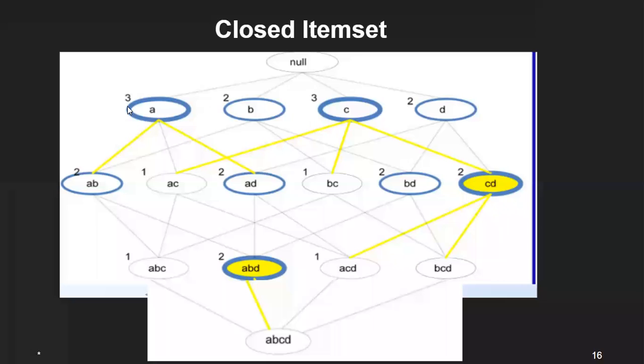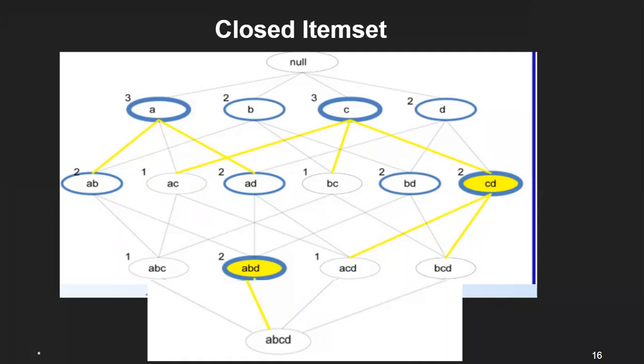Then, from this group, find those that are closed by checking whether there exists a superset that has the same support as the frequent item set. If none can be found, the item set is not disqualified, which means this item set is closed. We'll concentrate on an example so that you can easily understand that.